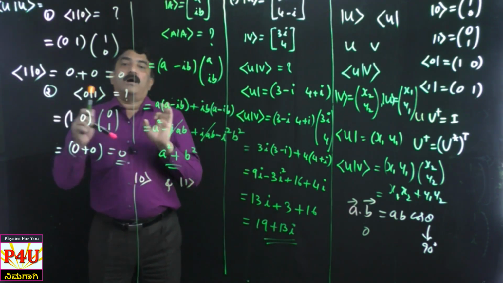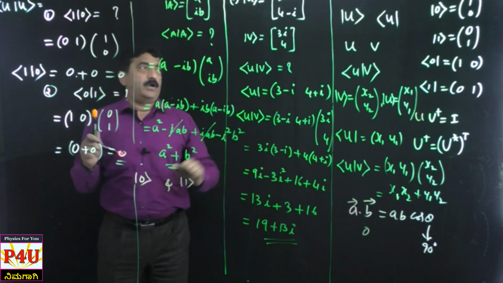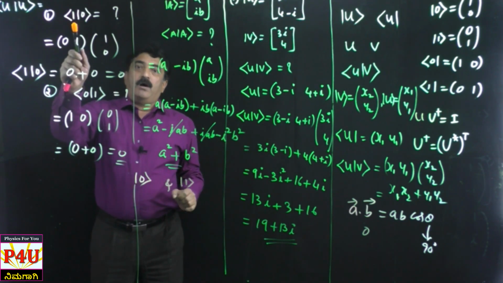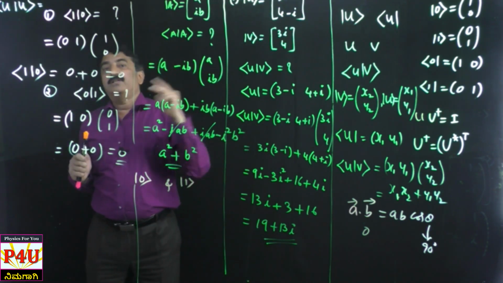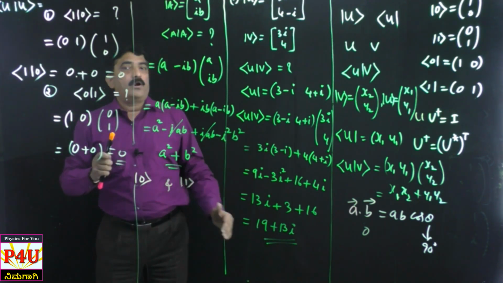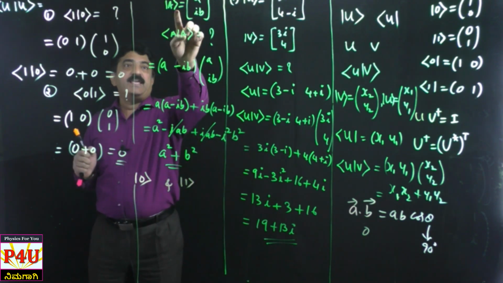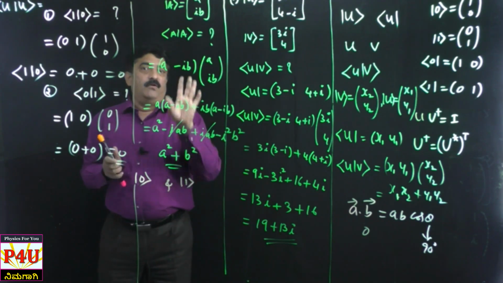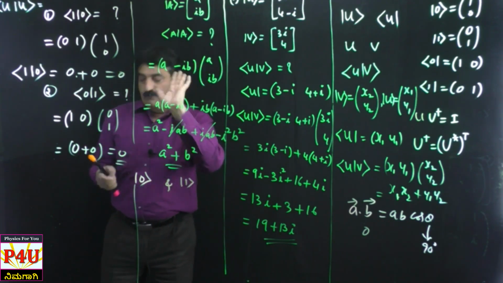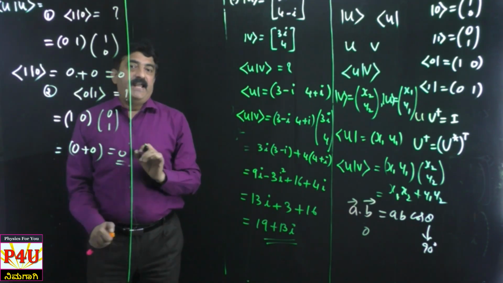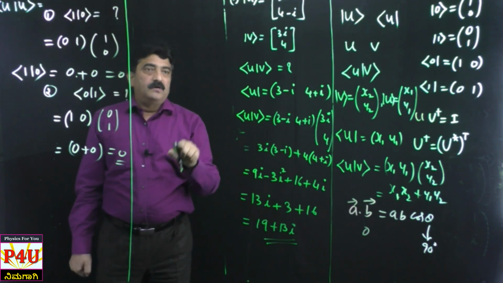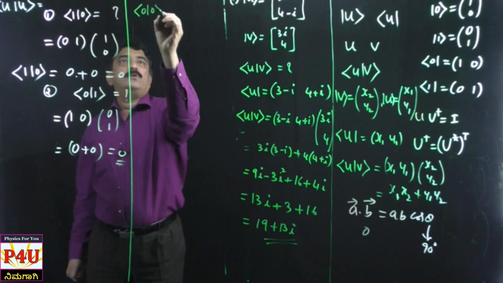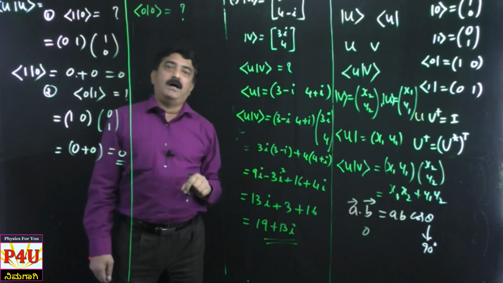Well, I explained the orthogonality, how to find the inner product of our qubit 0 state and 1 state. Here I operated 1 on 0, 0 on 1. Let me take the inner product of the same vector like this: 0 on itself, 1 on itself. Let us try what will happen. If I take the inner product of 0 on itself, that means bra 0 ket 0, what will be the answer?